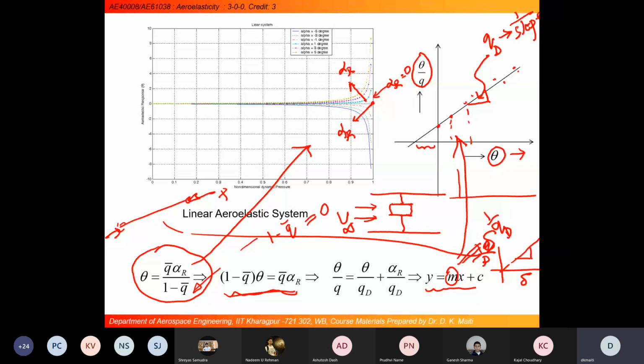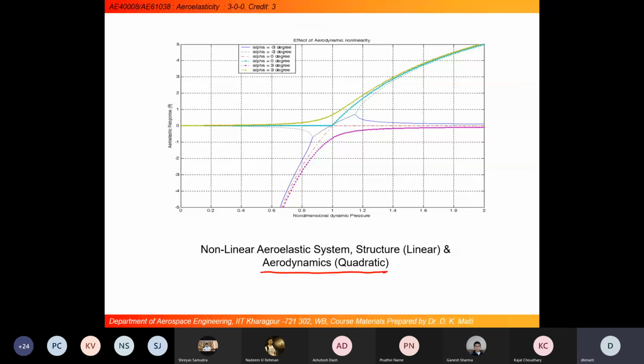Now, let's say I am taking aerodynamic nonlinearity with a linear structure, where I take a quadratic aerodynamic load. One route comes like this and goes this way, and another route comes from here and goes this way. This is with a positive value of alpha, alpha r greater than 0.